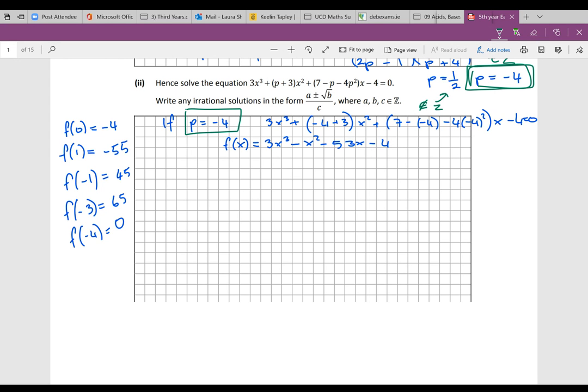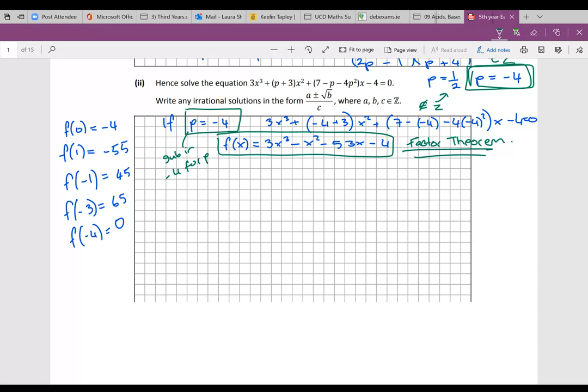Because I know what that is, I'm going to sub in minus 4 for p, which means that I get a regular f(x) equation. Then I'm using the factor theorem to solve this. If you don't know what the factor theorem is, I would suggest going back and having a look.